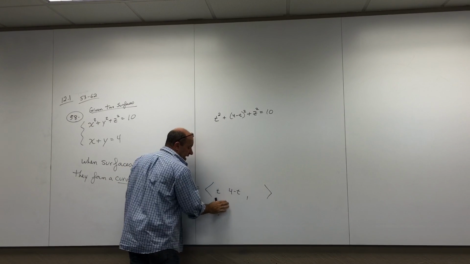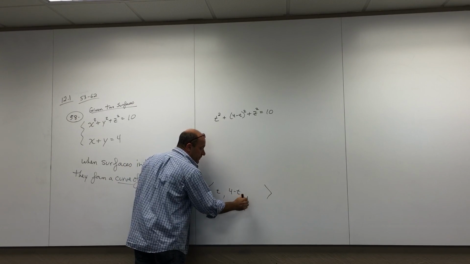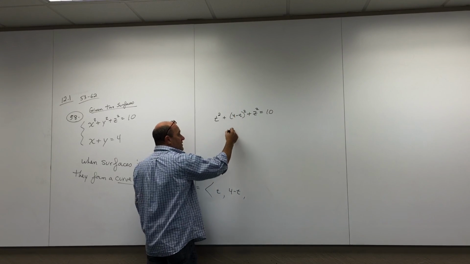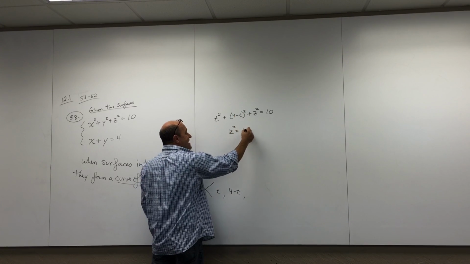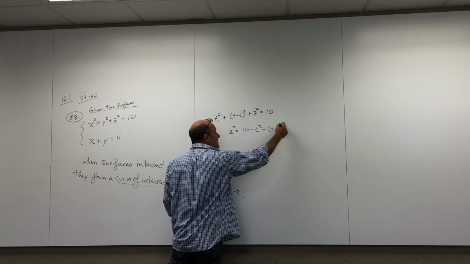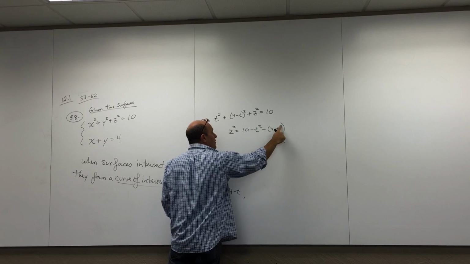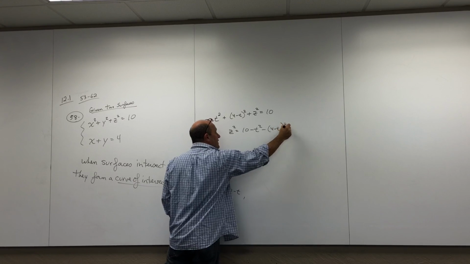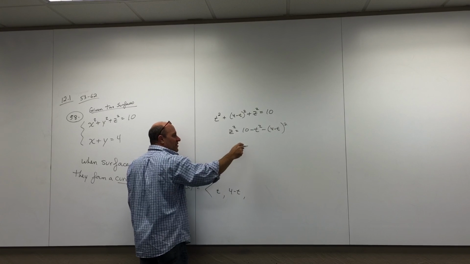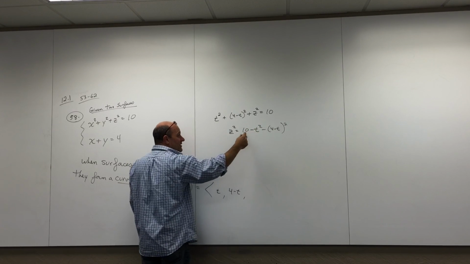It does get a little nasty here. Z squared would be 10 minus t squared minus 4 minus t squared. I could FOIL that out.